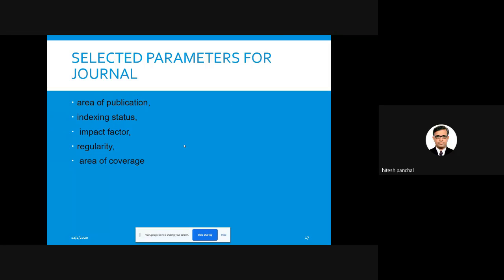Here is a very important point. Whenever you choose a journal for submission, check the selected parameters of the journal. Whenever you submit your article, first of all you must know the area of publication of the journal. Otherwise, you will get a mail that your article is out of scope.